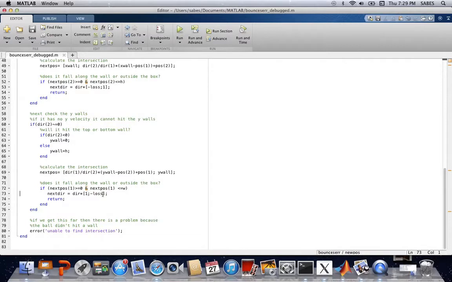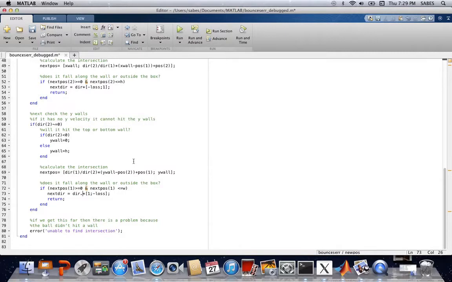That's a 2 by 1 matrix, and we know that this direction was also a 2 by 1 matrix. So if we look at it carefully, we see that it's given as matrix multiplication, whereas what we're looking for is array multiplication. So this dot is missing, and that's a simple thing to miss in MATLAB.